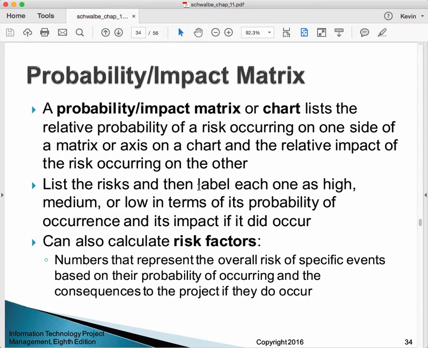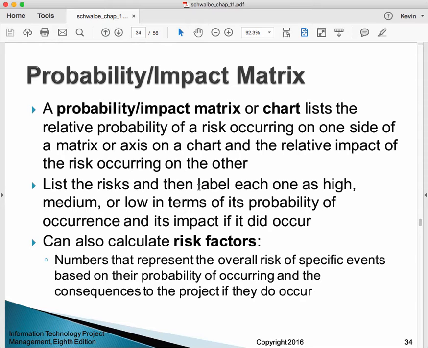So, what's a probability impact matrix? Well, it's a matrix or chart that lists the relative probability of a risk occurring on one side of the matrix and the relative impact of the risk having occurred on the other.